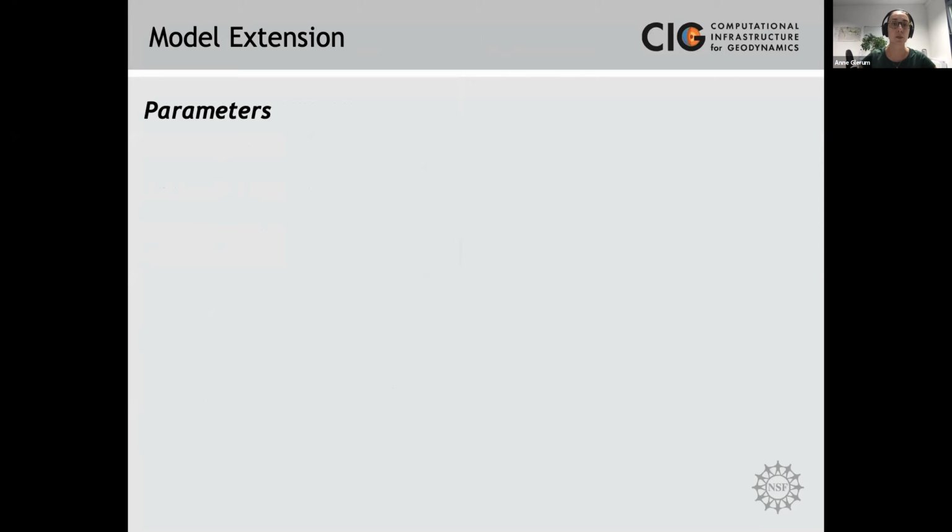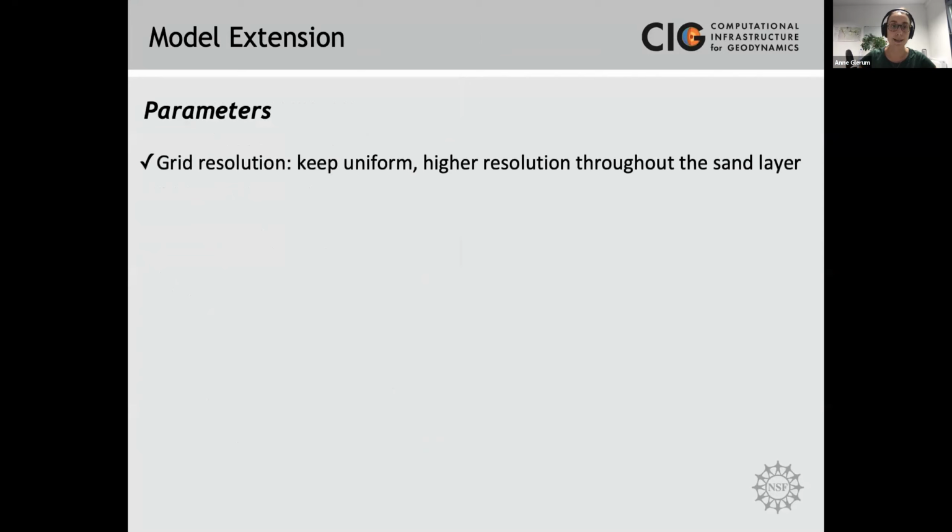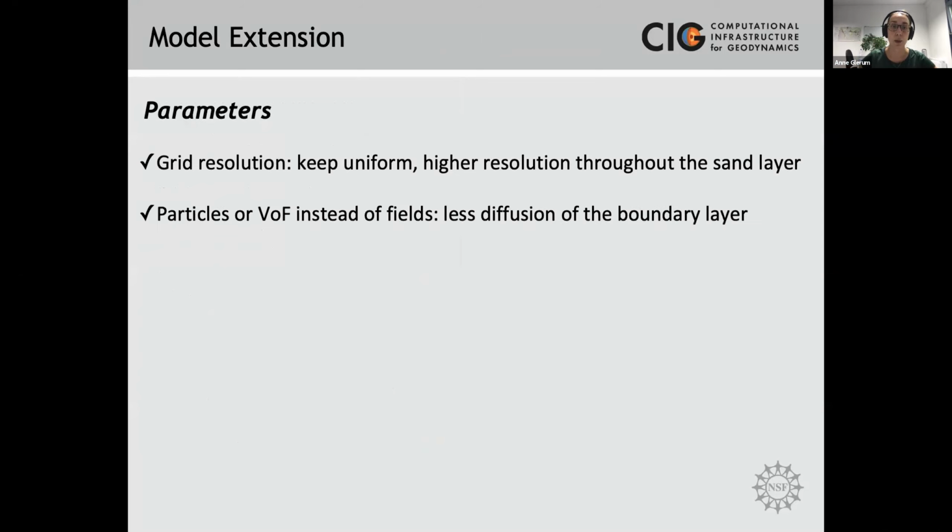Now, if you want to extend this model, one thing you should definitely have a look at is the grid resolution, like keep it uniform and at a higher resolution level throughout the sand layer. You could try particles or the volume of fluid method that are also implemented in ASPECT, and that would lead to less diffusion of the boundary layer.